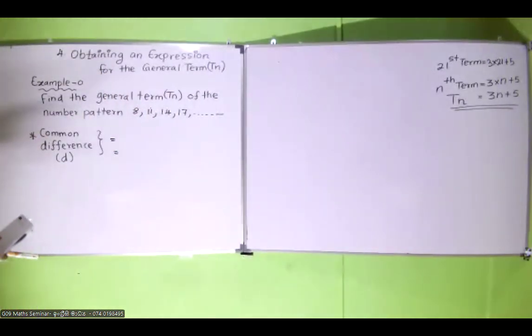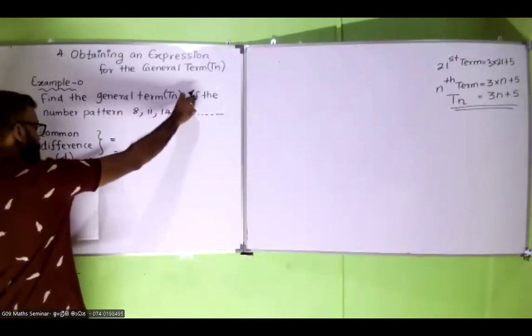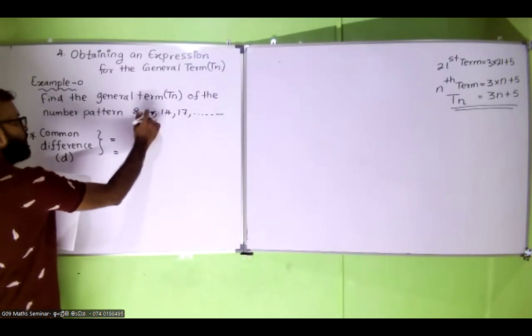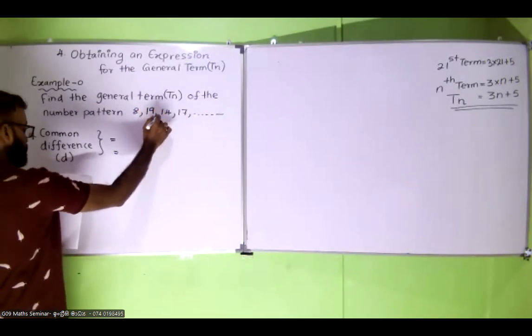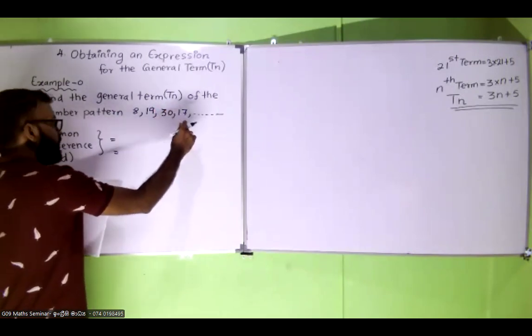Example number 2 is: find the general term Tn of the number pattern 8, 19, 30 and 41.